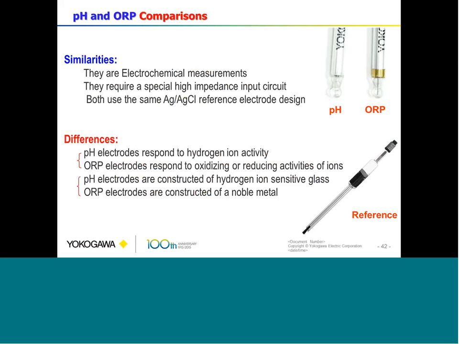It is a noble metal, either gold or platinum usually, and it does have an advantage in that it's not affected by temperature, so there isn't a temperature electrode necessarily required when you're measuring ORP, although some folks put them in anyway so that they can see the temperature on their analyzer.